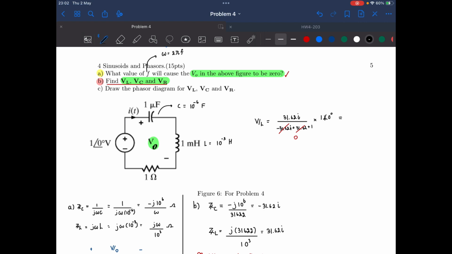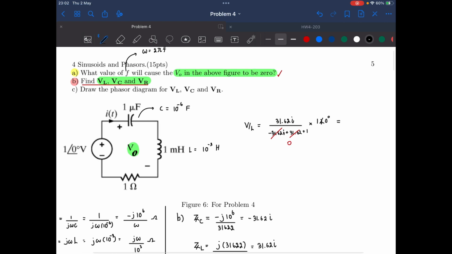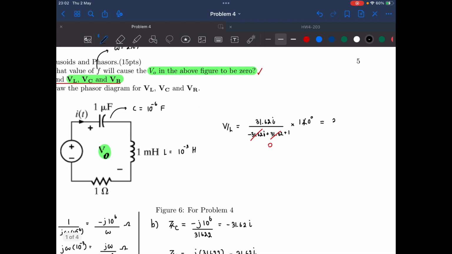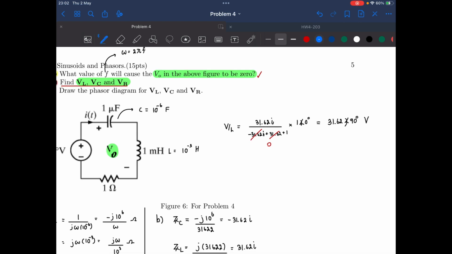By this we can get that the voltage for this inductor is this value, in volts. We will use this value for all of these too.